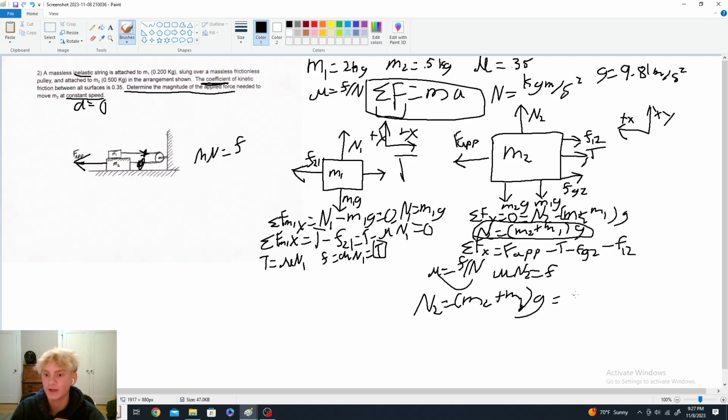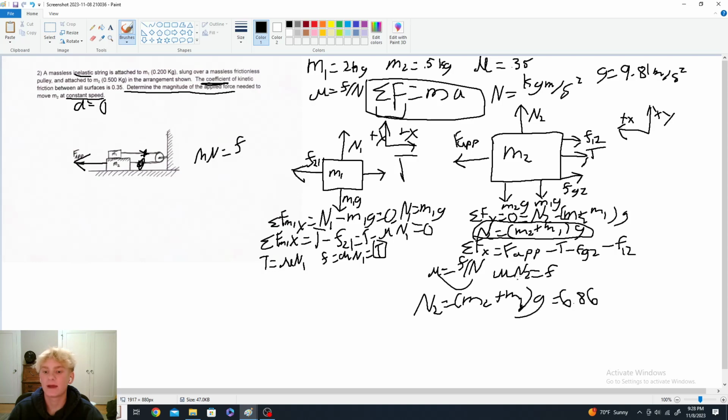Now, if we put that into a calculator, we get M2, which is 0.5, plus 0.2, times 9.8, equals 6.86.